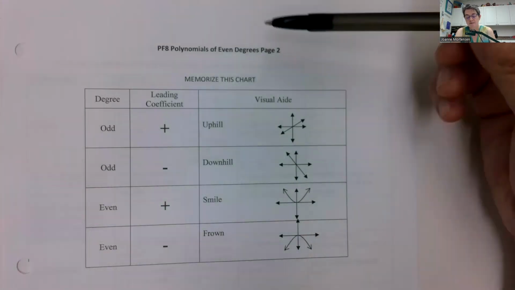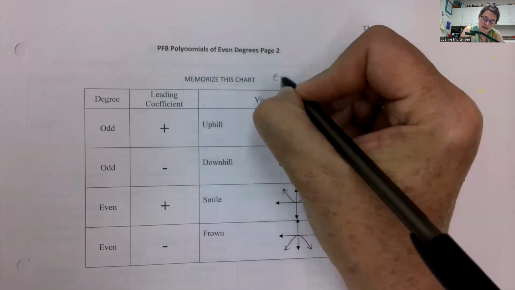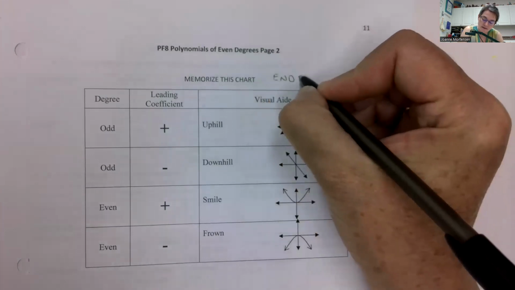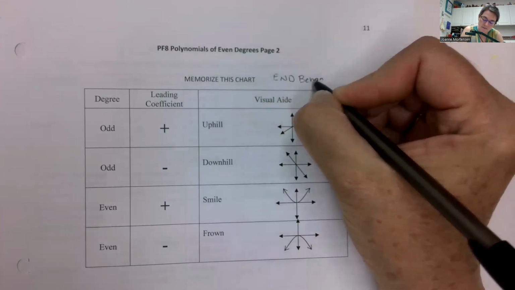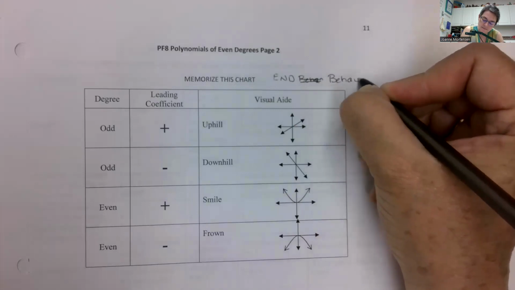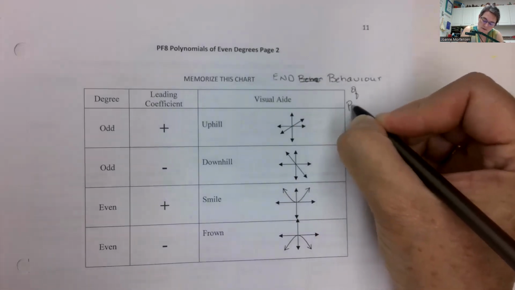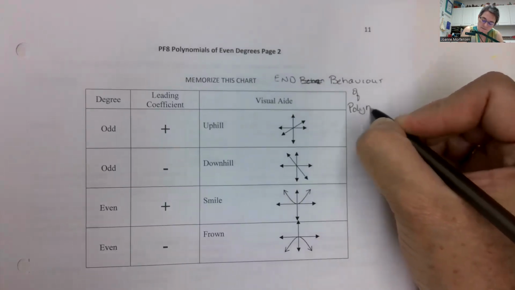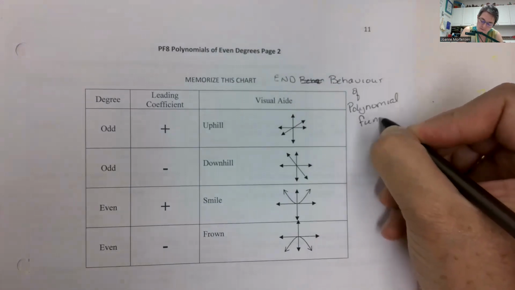So what you need to know for end behavior of polynomial functions.